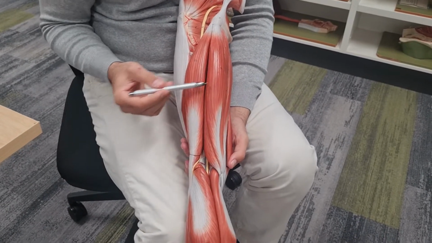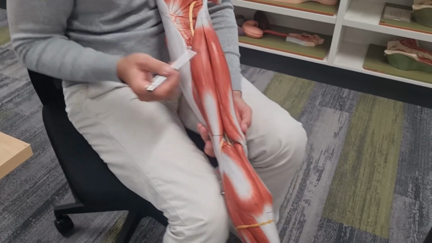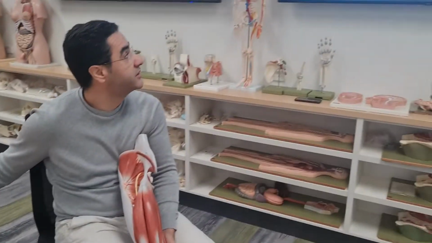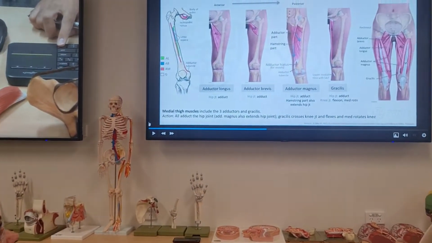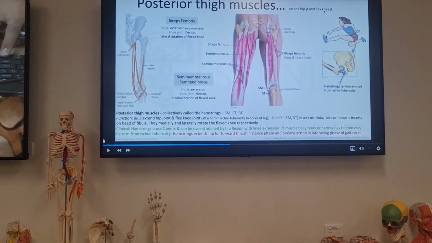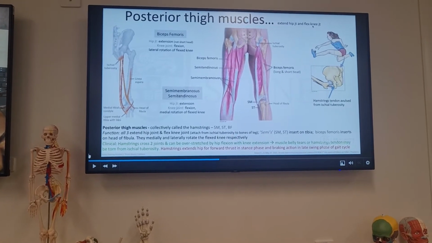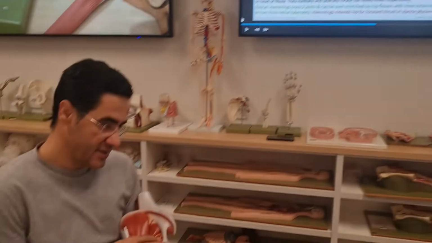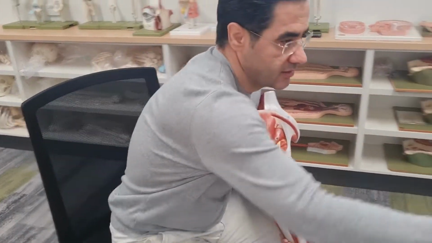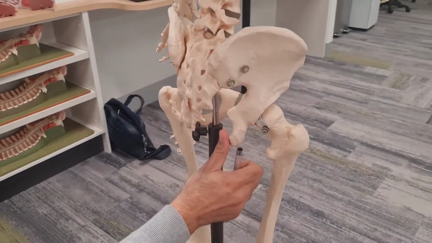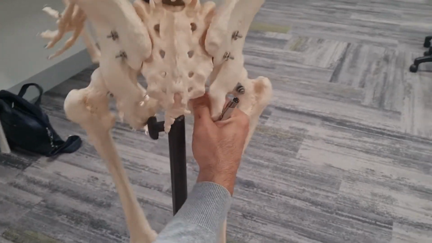So, what is the function of the hamstring muscles? I will show you on the monitor the hamstring muscles function. As you see, hamstring muscles cross the hip joint posteriorly.